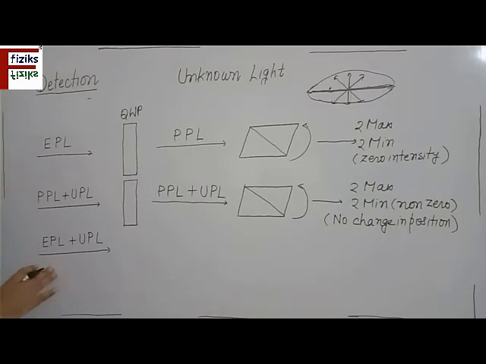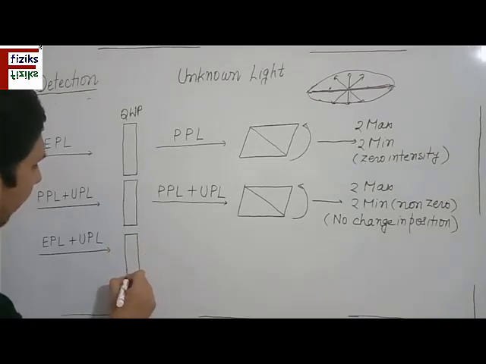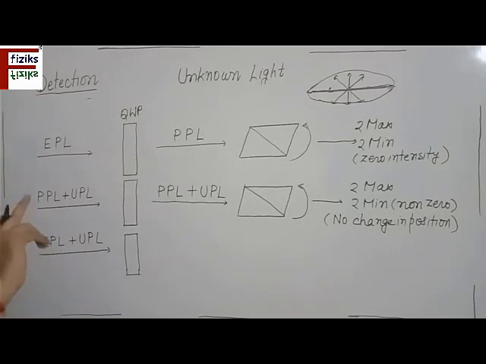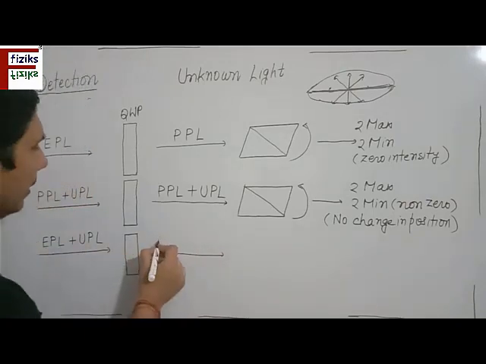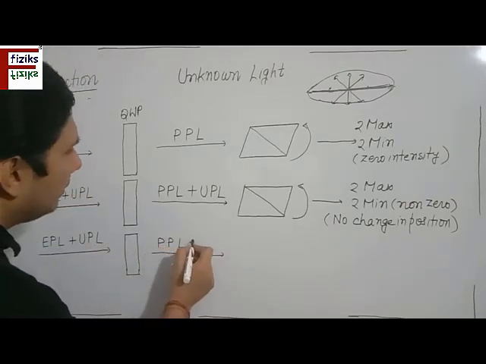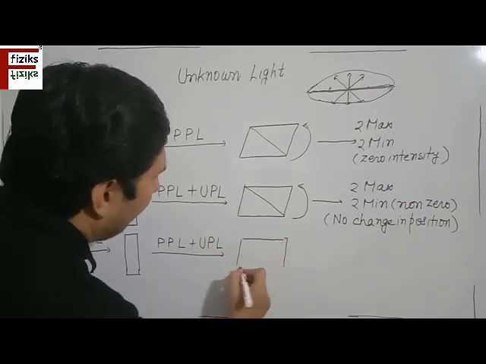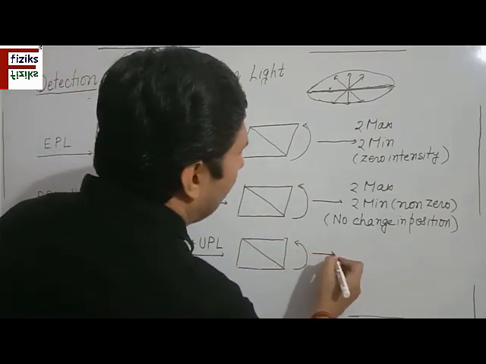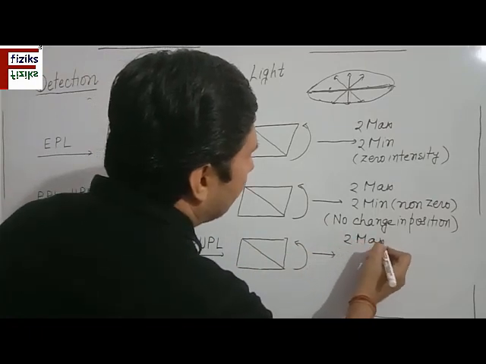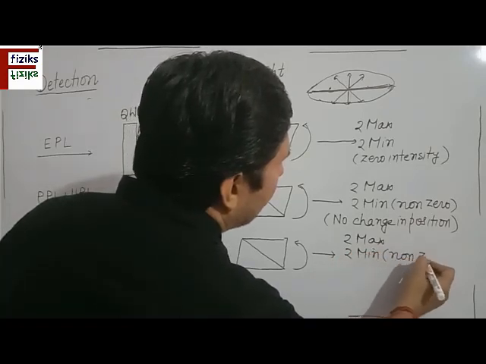Now there can be a third case. It can be a combination of EPL plus UPL. In this case, the EPL, which we have already converted into rectilinear polarized light, will become PPL plus UPL. And when we pass this through the rotating Nicol, we get two maxima of intensity and two minima of non-zero intensity.